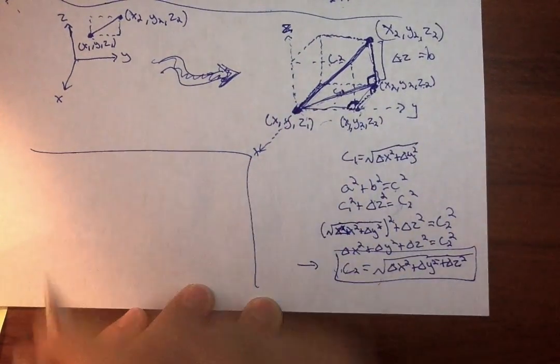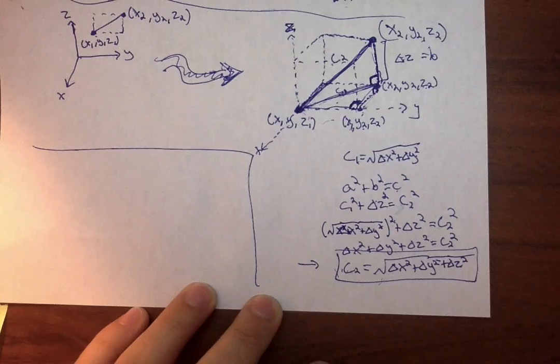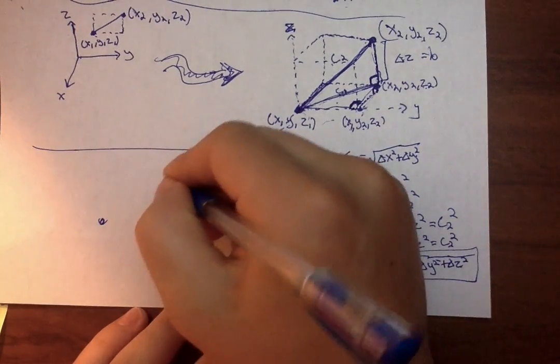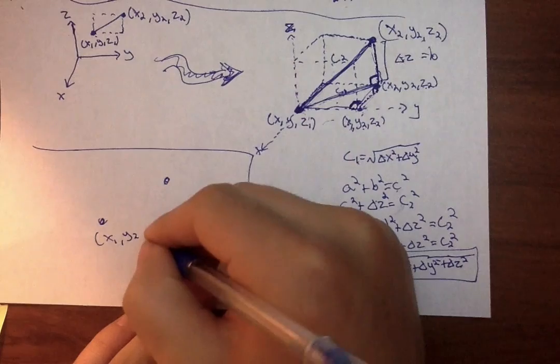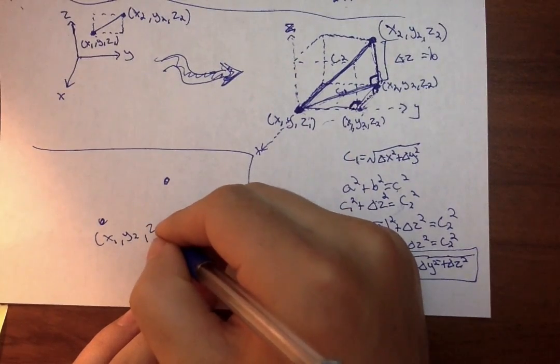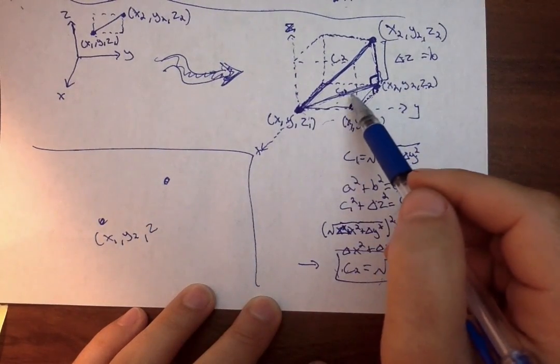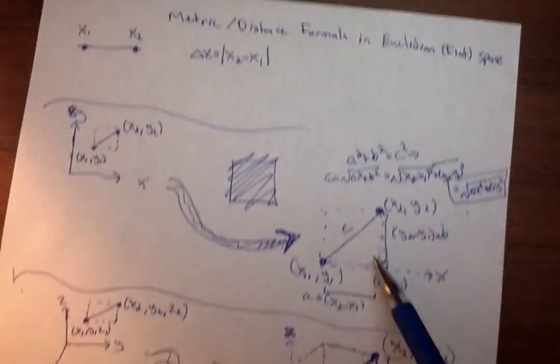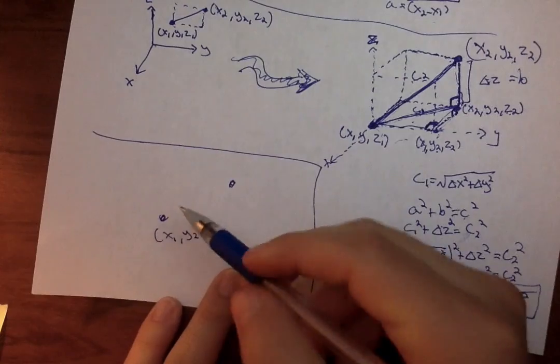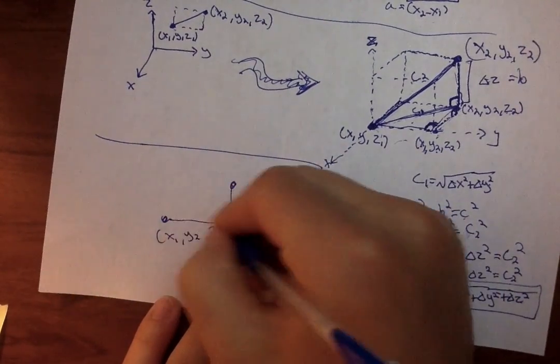If I wanted to know, and I can't draw it, but if I wanted to know the distance between 2 points in a 4-dimensional space, then what I would have to do is I would have to imagine the 4-dimensional version of a cube, just like a cube is the 3-dimensional version of a square, which is the 2-dimensional version of a line. We would need to imagine a 4-dimensional version of a cube, which of course you can't do.